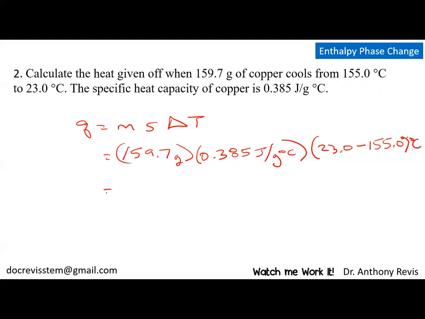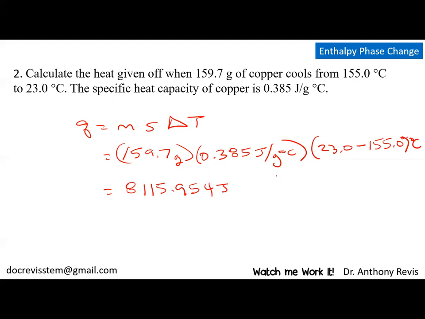When you run this through, let me punch it through here to make sure I get the right number. All right. Yeah, when we punch this through, we get about 8115.954 on the calculator, and that's going to be in joules.